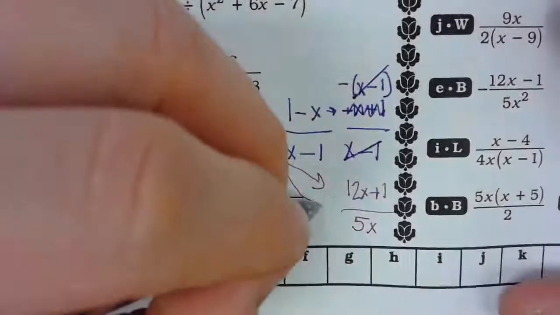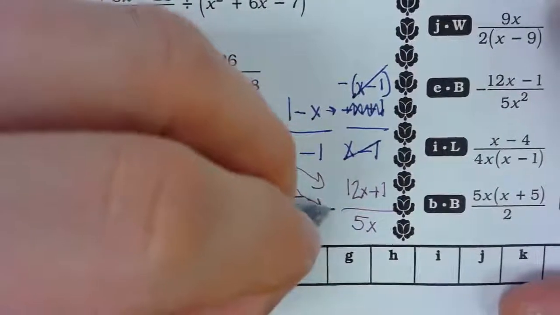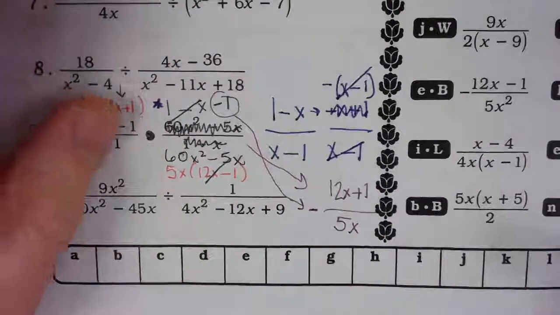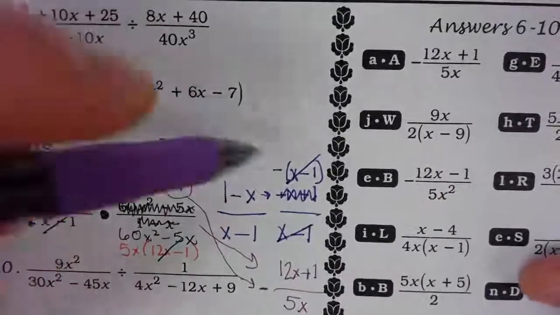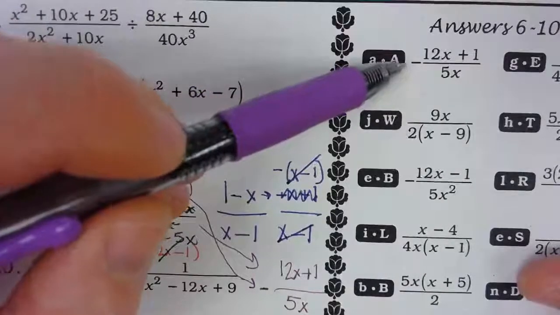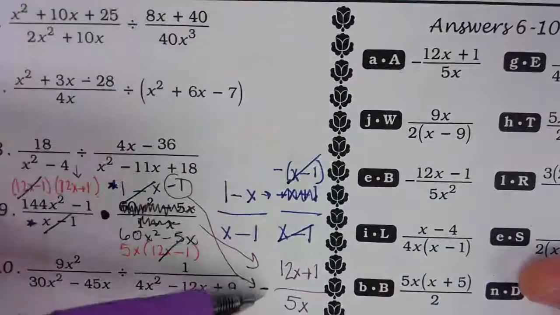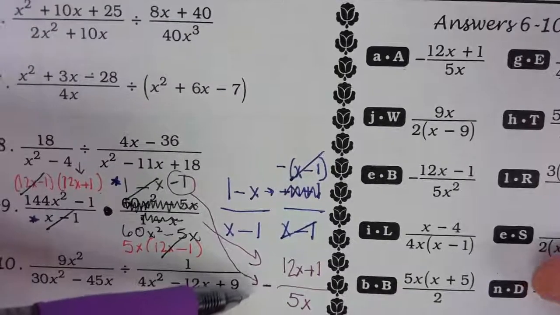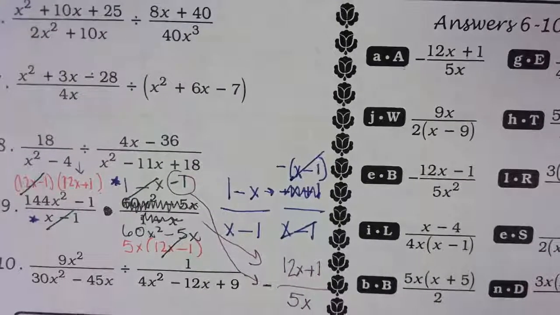When I do this here, I need to put my negative sign out in front. So this answer right here is the final answer for this problem. Make sure that when you're looking at it, you know that in the future this is how it cancels.